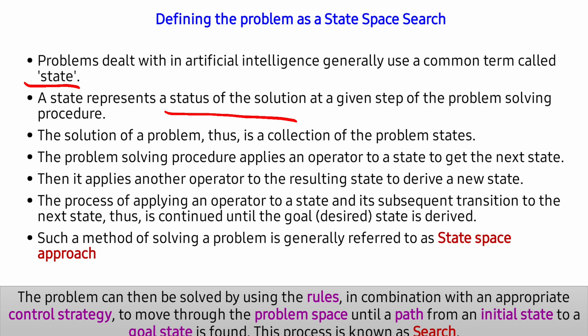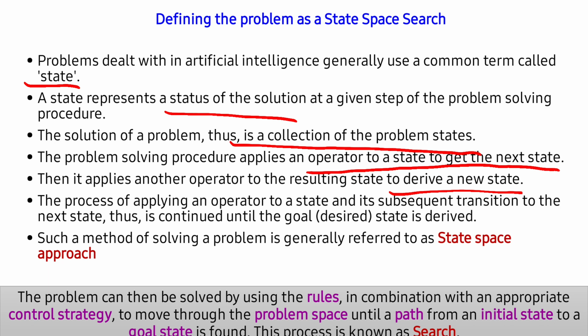So the solution of a problem is a collection of problem states. The problem solving procedure will apply an operator to a state to get to the next state. Then it applies another operator to the resulting state to derive a new state. This process of applying an operator to a state and a subsequent transition to the next state will continue until a goal state is achieved.